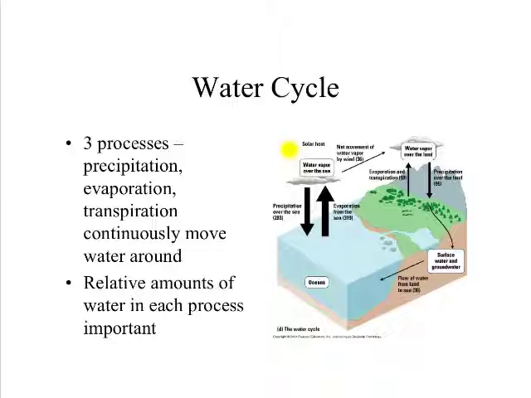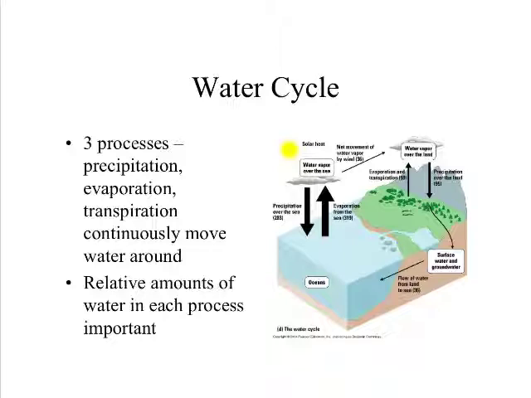Evaporation is the sunlight heating up water molecules so that they vaporize and go up into the air. And then transpiration is water particles being transpired or breathed out with respiration of animals.